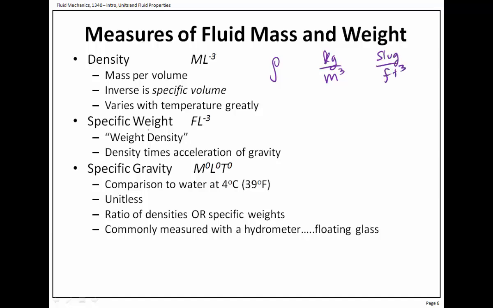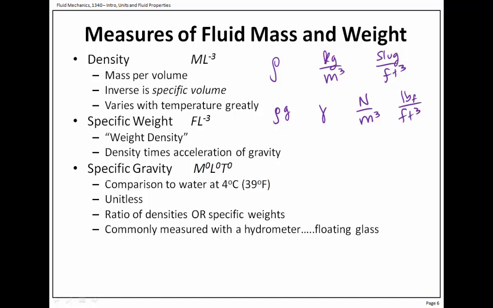Or you can have specific weight. That's just taking gravity and multiplying it by the density, and that's usually given by the symbol gamma, I believe, and that usually has units of newtons per meter cubed, or pounds force per foot cubed, that type of thing.